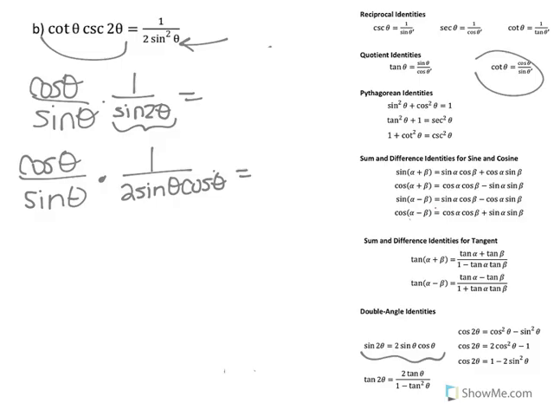And now I can cancel because we're multiplying, so I have a cos theta here and a cos theta here, so I'm left with 1 on the top. On the bottom I have a 2, and I have sine theta times sine theta, so I have sine squared theta. And it's done.